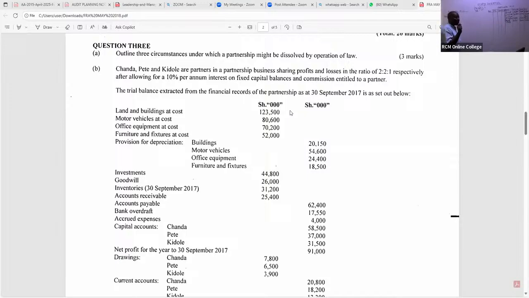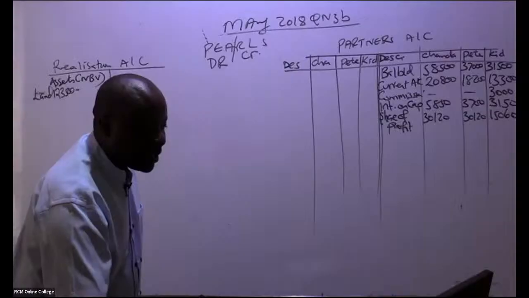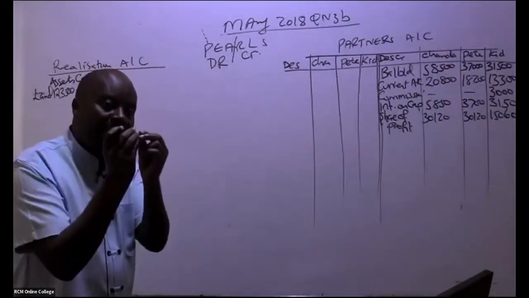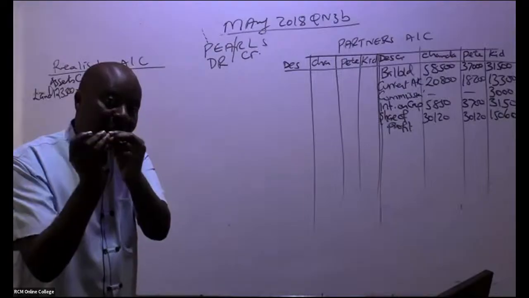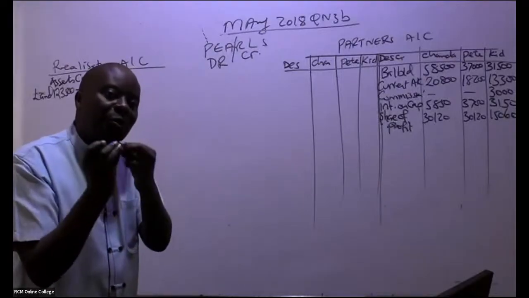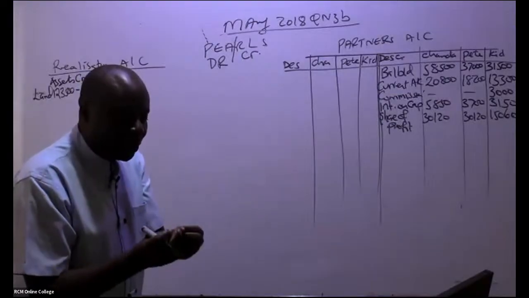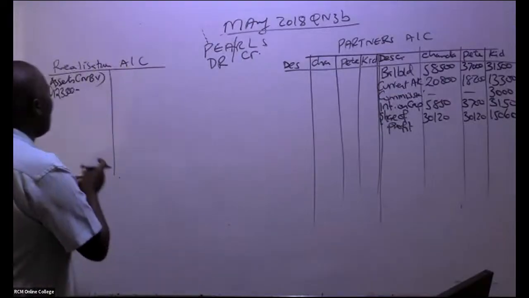What is the accumulated depreciation for buildings? You can see a provision for depreciation buildings is 2150. So remember, it's net book value. How do we get net book value? It's cost minus depreciation accumulated. Accumulated depreciation is the same as provision for depreciation. All right. So we have here 123,500 minus 2150.